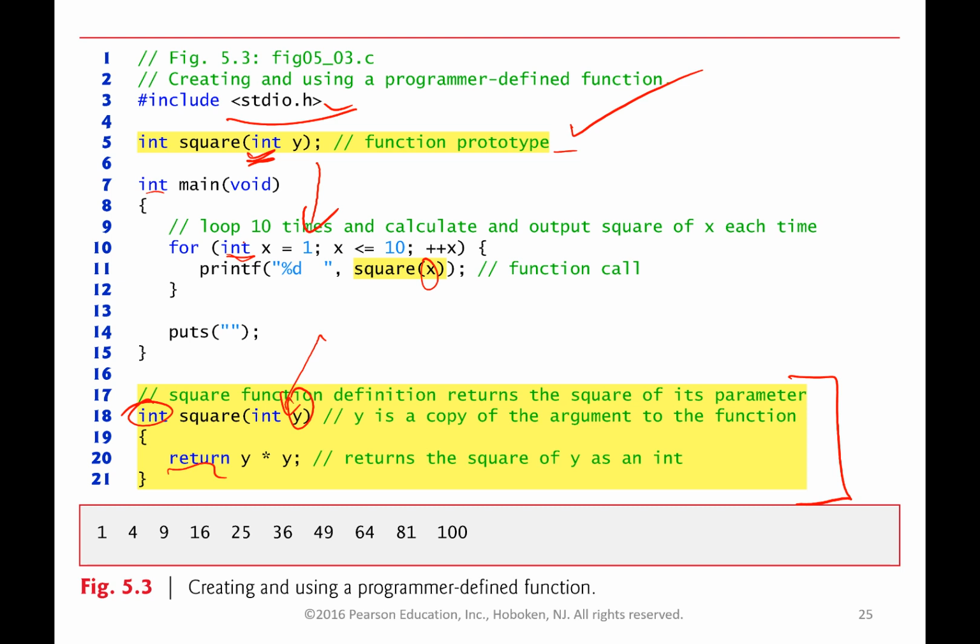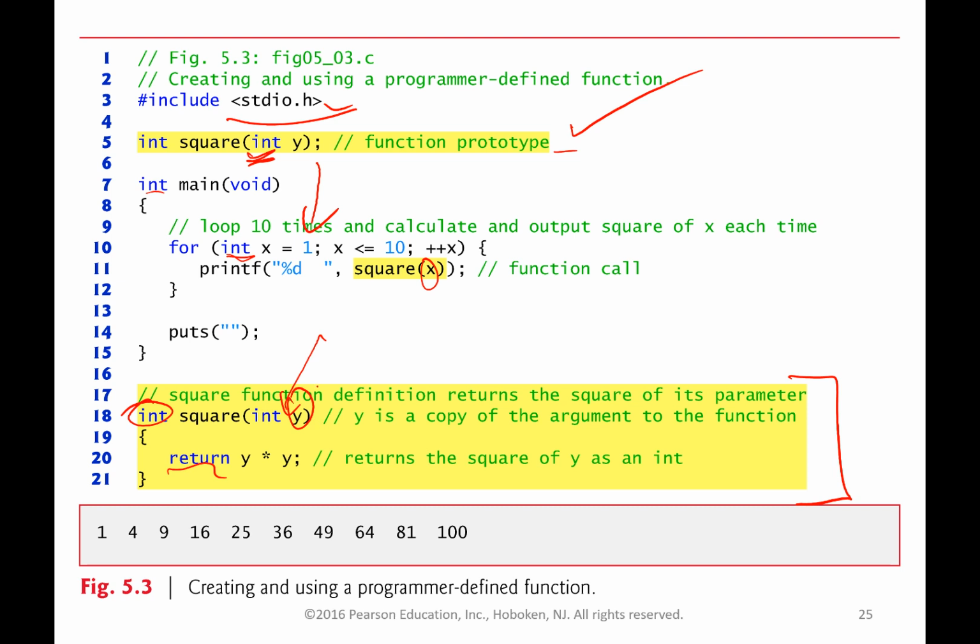The types have to match. So I can't say that I'm going to receive a float or a double and pass it an integer. In most cases, you want them to match. There are exceptions, but you want this int to match this int.